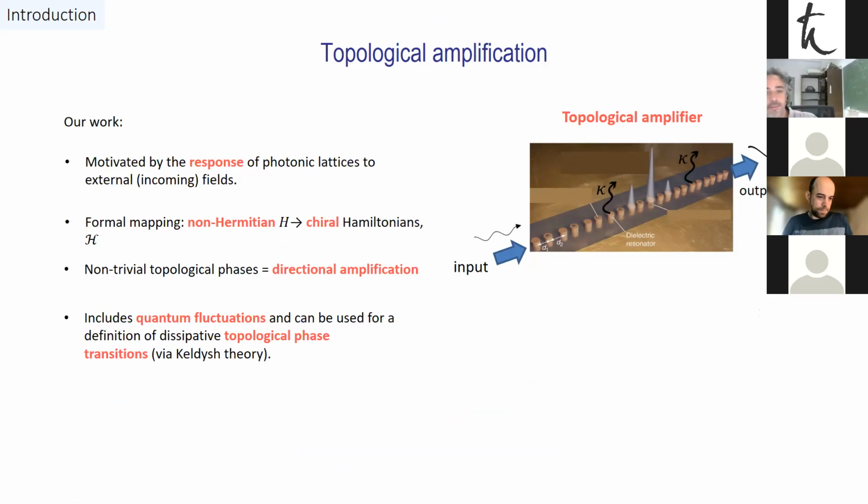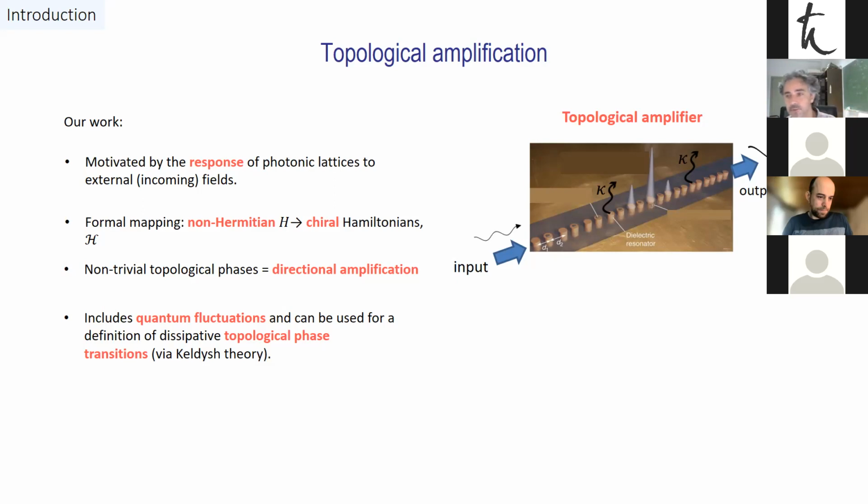So basically, the work I'm going to present relies on a formal mapping between non-Hermitian matrices and chiral Hamiltonians. This is the main theoretical idea behind this work. And I'm going to show that by using this formalism, you can show that there is a formal relation between directional amplification and non-trivial topological phases defined in terms of a winding number.